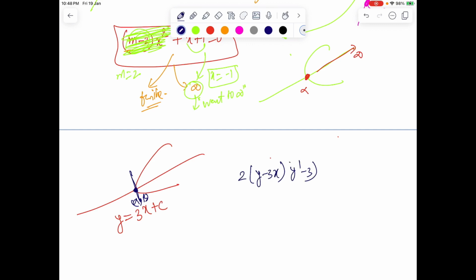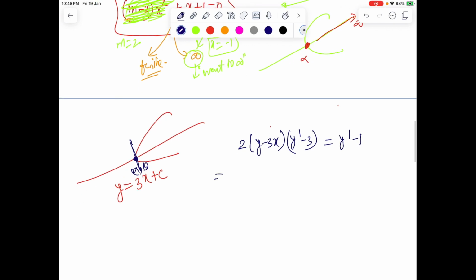We know the slope of the tangent at the vertex, so you can directly differentiate that equation. So y dash (y minus 3x) equals y dash minus 1. This implies the slope at that point. Since alpha comma beta lies on the parabola, beta minus 3 alpha whole square is going to be beta minus alpha.